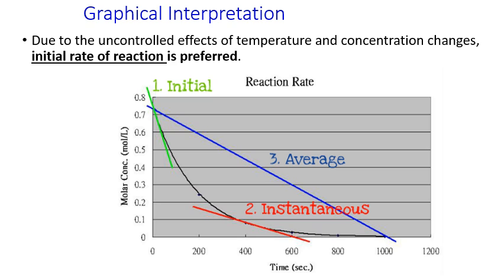In terms of graphical interpretation, due to the uncontrolled effects of temperature and concentration changes especially, the initial rate of reaction is going to be preferred. You can either take the average rate of reaction, the instantaneous rate of reaction by taking the tangent of the reaction rate, or the initial rate of reaction. And we prefer the initial rate of reaction due to the points outlined.